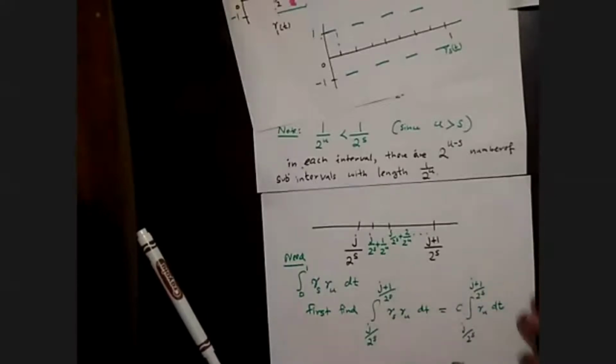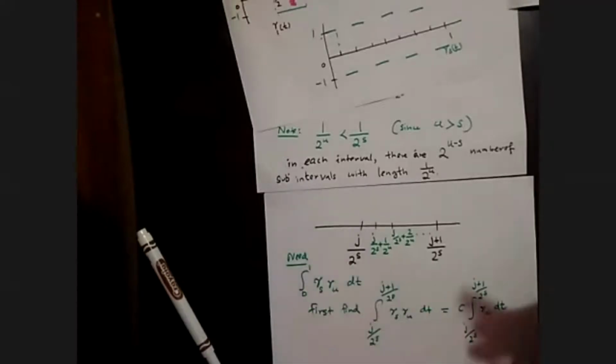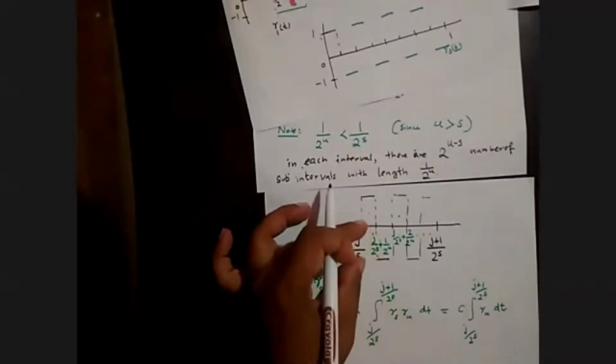What can we say about the integral in this region for the r sub u function? The r sub u function will be alternating like this, and there will be exactly half of the intervals with positive measure and exactly the other half with negative measure, and they cancel, so that we get 0.